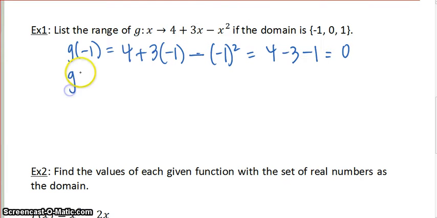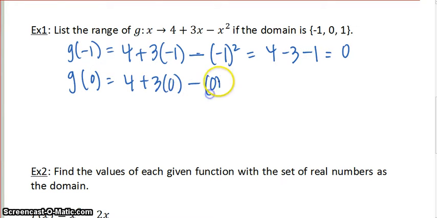Now I'm also going to do g of 0, which they asked to put in. So 4 plus 3 times 0 minus 0 squared equals 4 plus 0 minus 0, which equals 4. So if I plug in 0, I get 4.